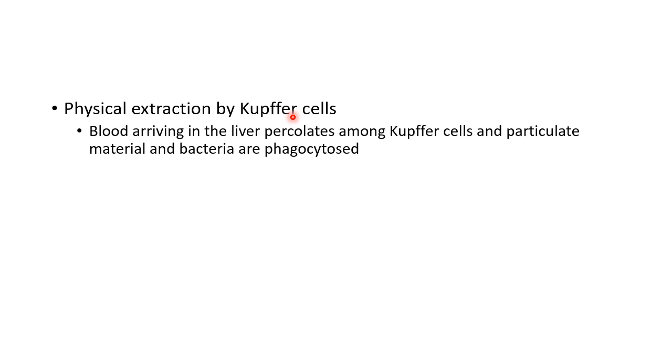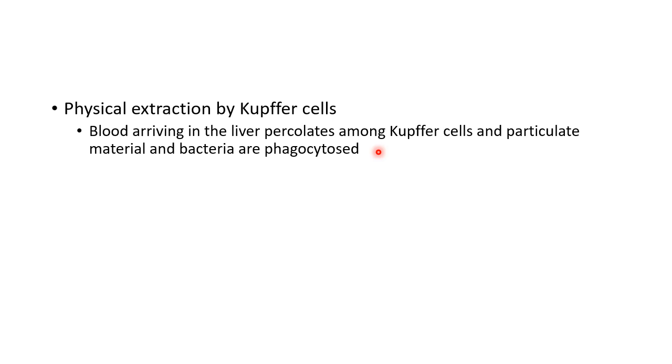Okay, so they are native macrophages of the liver. Blood arriving in the liver will have to percolate along the sinusoids and will encounter the Kupffer cells, which line the endothelium. And so the particulate material and bacteria are phagocytosed. This is important because although the enteric epithelia are classically described as having tight junctions, that is a misconception.